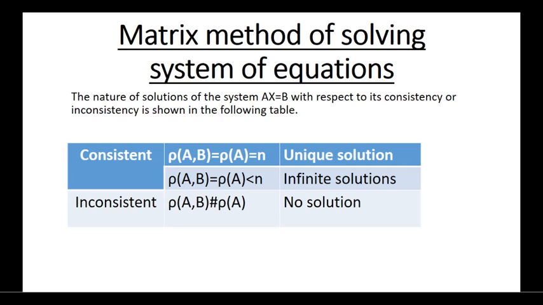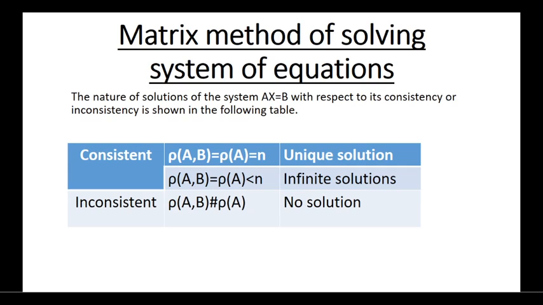Already you know the augmented matrix is the coefficient matrix A, and as the last column you include the constant matrix B. Which extra column? B matrix, the constant matrix, we append as the last column of the coefficient matrix, that is the augmented matrix.